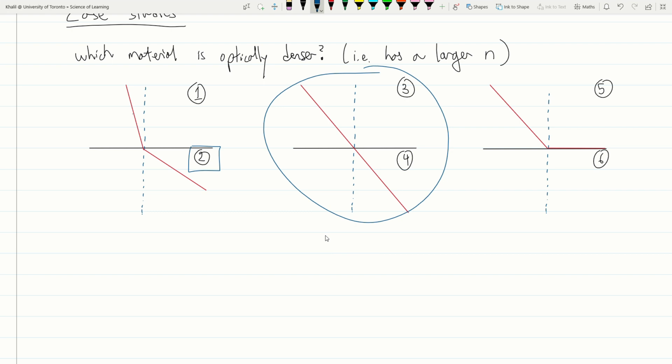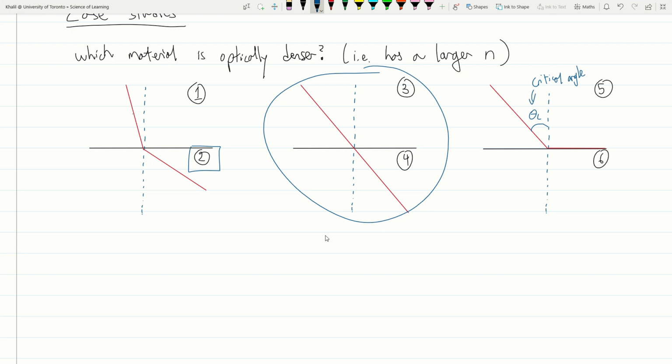And in this last case here, well, we actually have what's called the case of a critical angle. And the critical angle occurs when the light sort of comes in and just rides along the surface. And you can use Snell's law to solve for this. In fact, I would encourage you to create an equation for the critical angle using Snell's law.